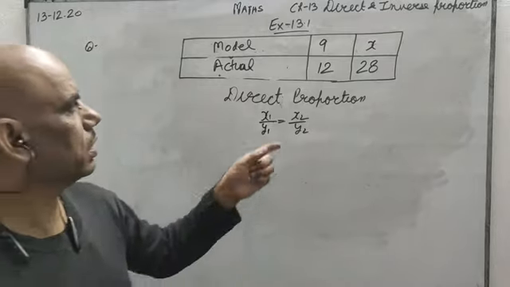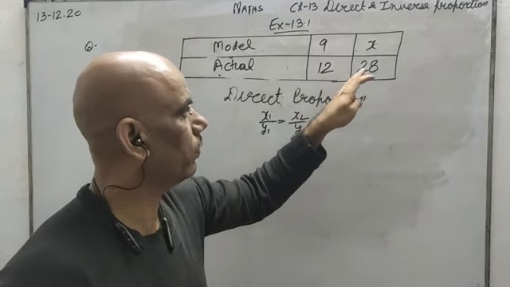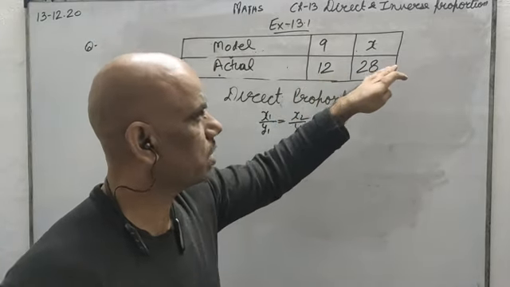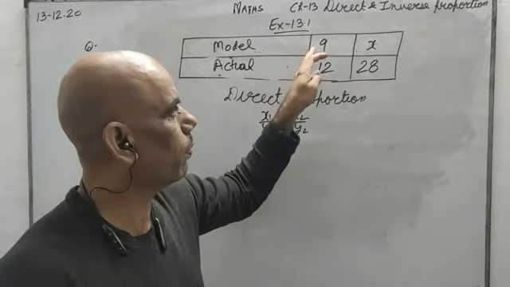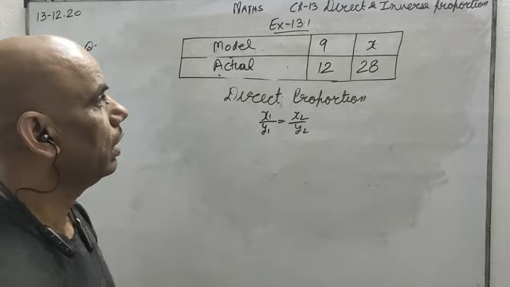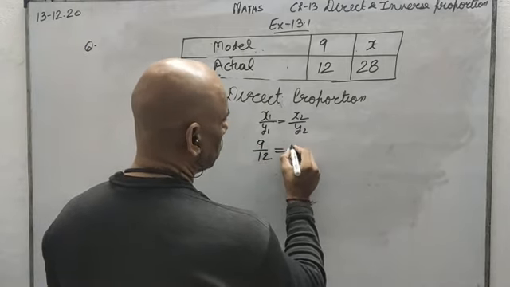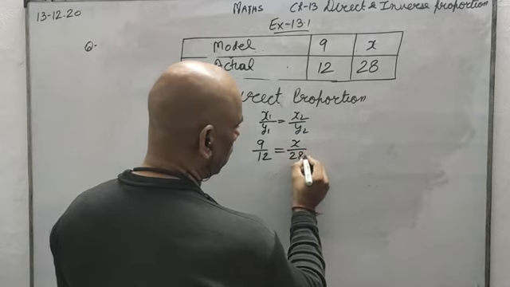Okay. Since the length of the actual ship is increasing, the length of the model ship will also increase. Both of them are increasing, so it is a direct proportion. Hence, 9 by 12 is equals to x by 28.